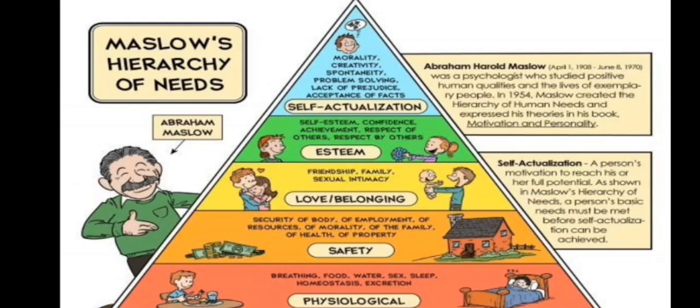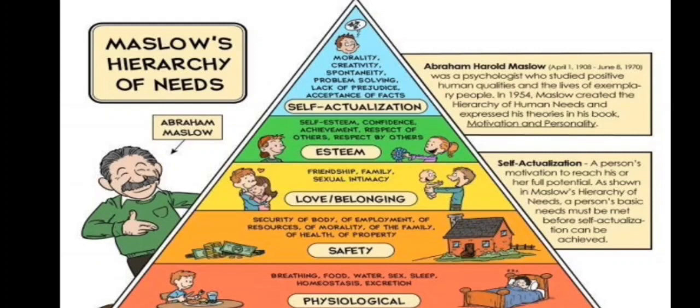Abraham Harold Maslow was a psychologist who studied positive human qualities and the lives of exemplary people. In 1954, Maslow created the hierarchy of human needs and expressed his theories in his book on motivation and personality.